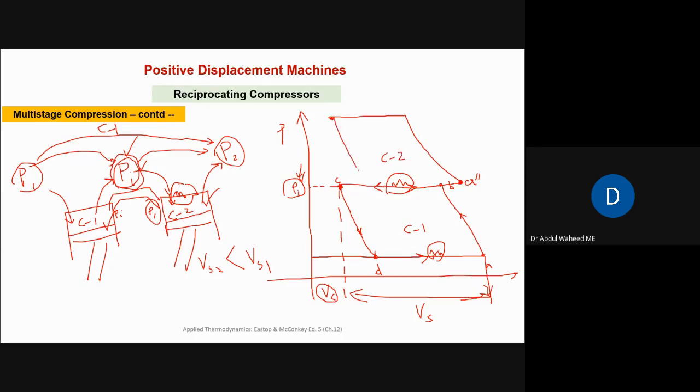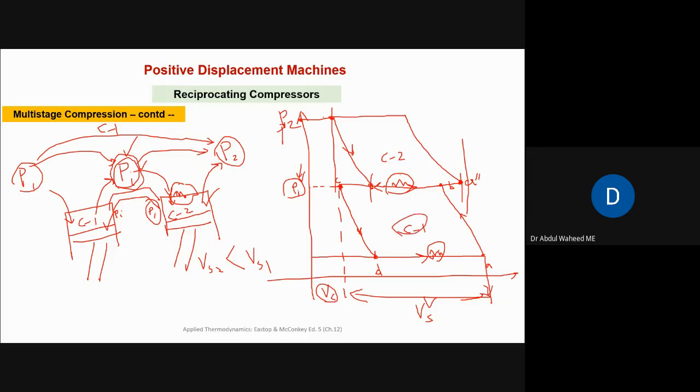Now there will be a re-expansion, and this gas has left at pressure P2. So here is the swept volume, the induced volume for second stage compressor. Now the swept volume will be lesser than this one. So it means that this minus this should be less than this one for the low stage compressor.